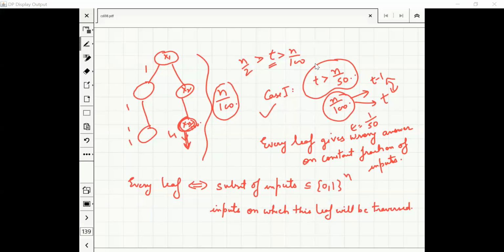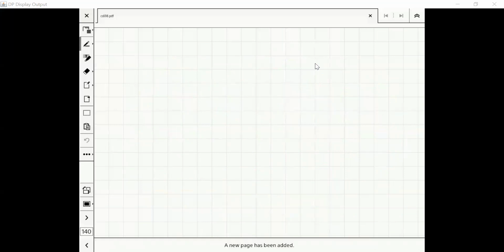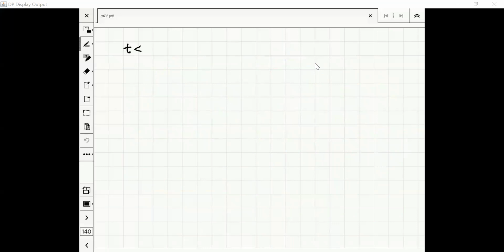Yes, sir. Okay. So this was the case when Hamming weight was very, very big. There is another simple case, where suppose t is less than 100. In that case, what should be the argument?